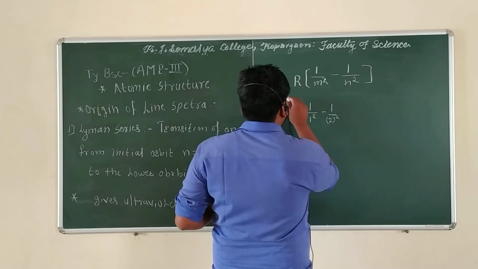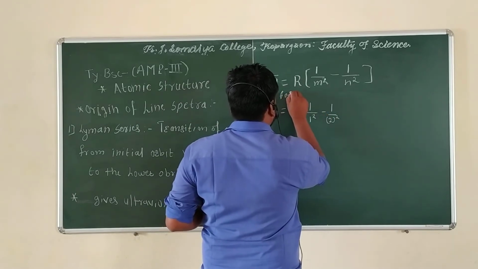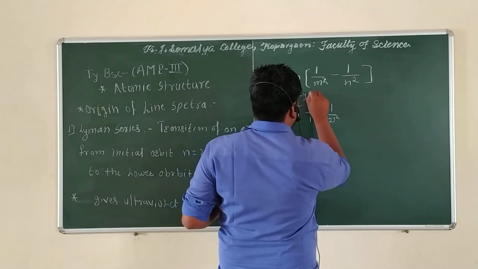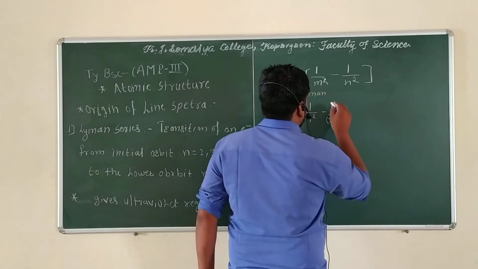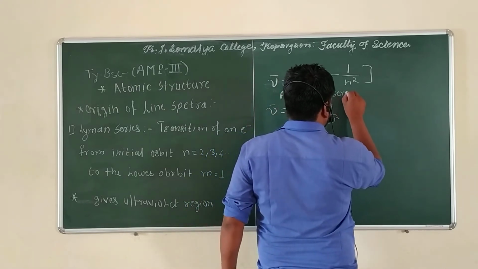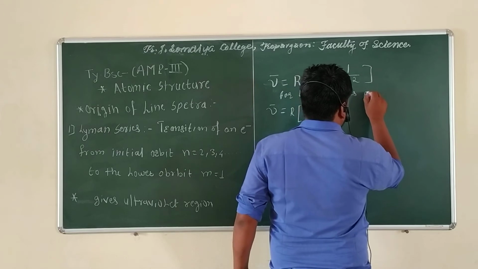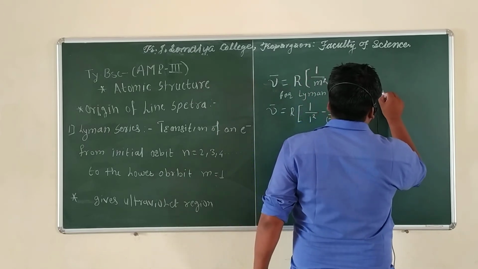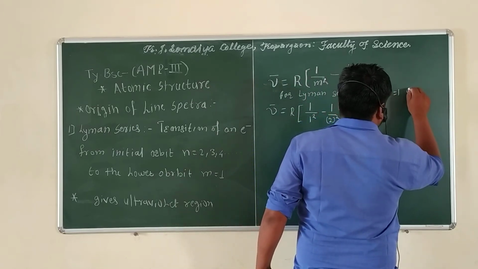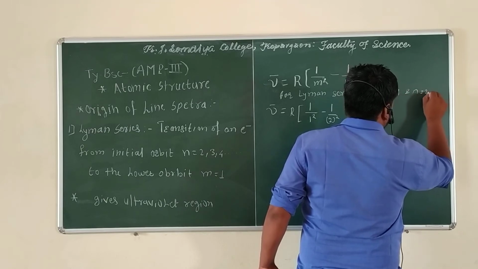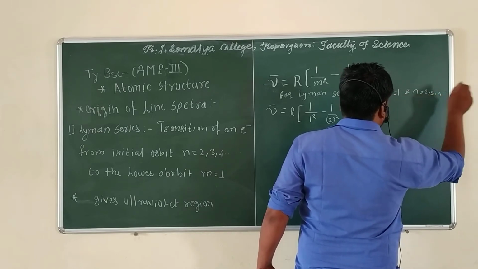Suppose for the Lyman series, put m equal to 1 and n equal to 2, 3, 4 and so on.